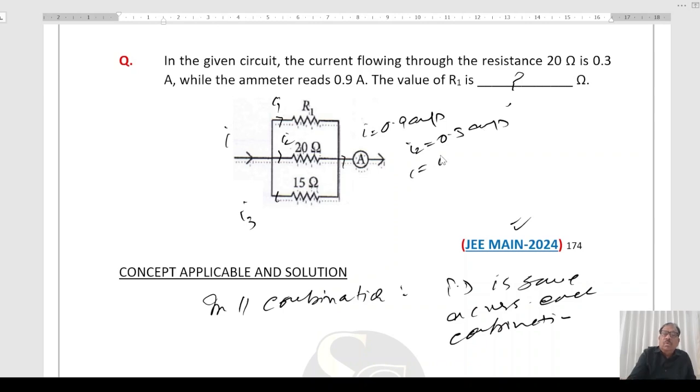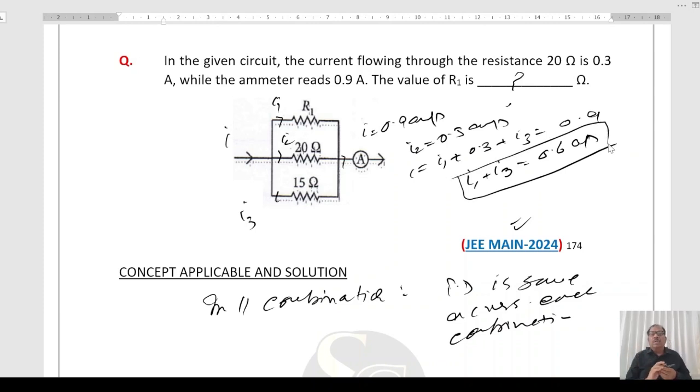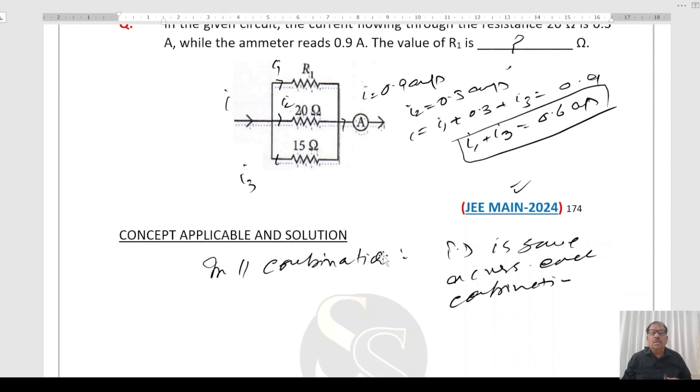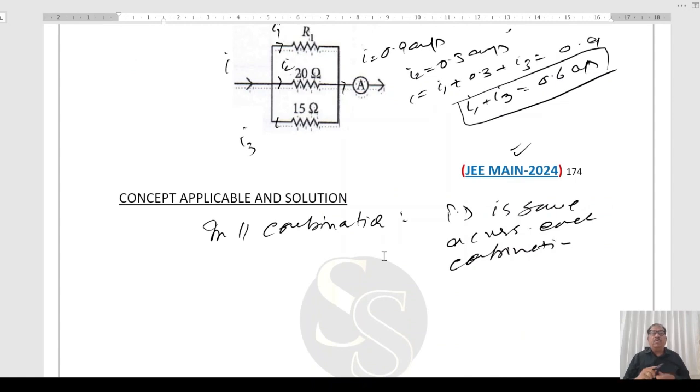I equal to I1 plus I2, 0.3 plus I3 equal to 0.9, means I1 plus I3 equal to 0.6 ampere. What relation is this? Another, you have to find the value of R1.